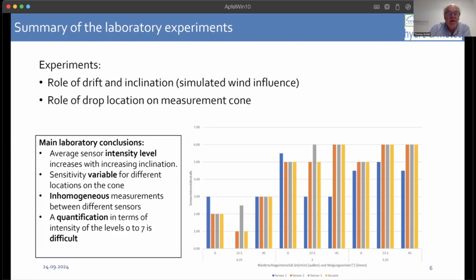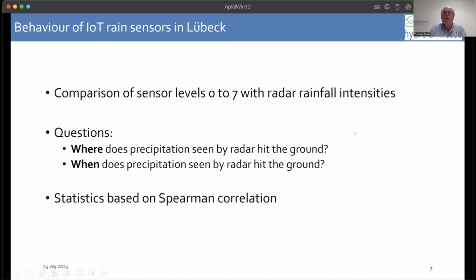And a quantification in terms of intensity of all the levels 0 to 7 is difficult because it gives you a wide range of uncertainty. However, we thought there should be something for which it is useful, and therefore we compared the sensor levels also with rainfall intensities from radar.